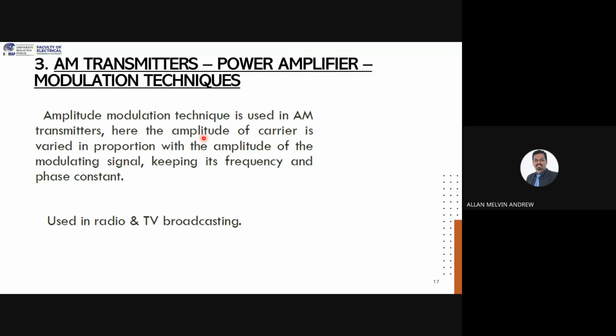When the amplitude is higher, the modulated signal also will be higher. It is based on the proportion of the amplitude of the modulating signal, and it will keep the frequency and phase constant. Usually we will use these AM transmitters in radio and TV broadcasting.